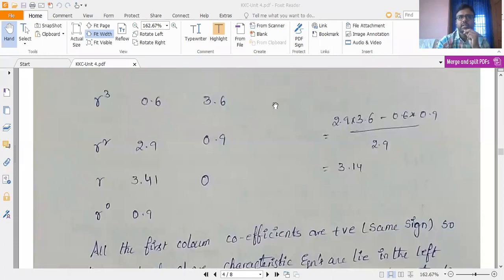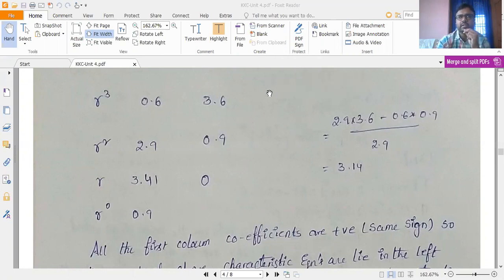After that, with the application of the RH criteria table and the analysis of the first column of this table, we can determine the stability of the system. For this reason, the bilinear transformation method is called the modified RH criteria method.